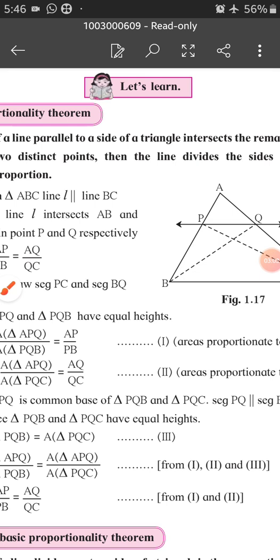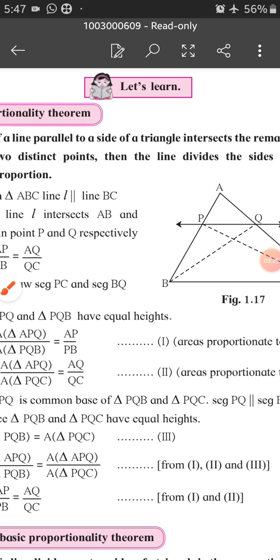So we'll write that. Therefore, area of triangle APQ upon area of triangle PQB equals AP upon PB. AP and PB are the bases of both the triangles. So areas are proportional to their bases. So this is the first ratio we got.